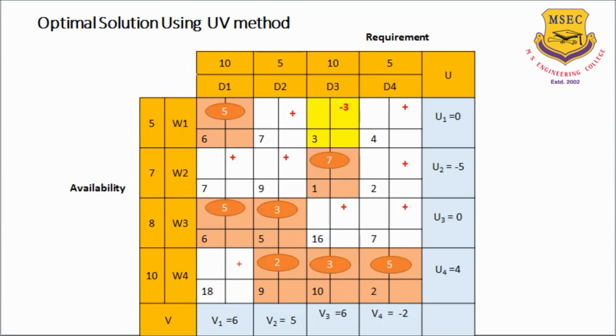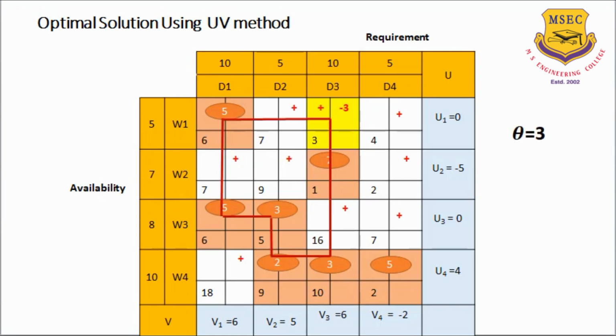By doing so, again we get the rearrangement of the entire matrix like this. Again we calculate the u's and v's as usual for all the basic cells, and for the non-basic cells we recompute the net evaluations. Now we find that for W1 D3 we have minus 3 as the net evaluation. That means we will have one more round of loop formation.